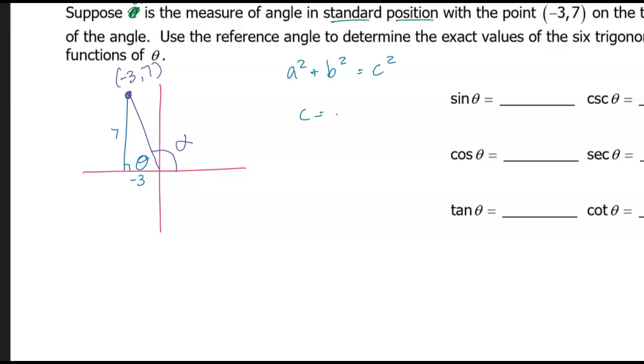The C length, which we get by doing -3 squared plus 7 squared square rooted, which gives us 9 plus 49, which gives us 58, which actually cannot be simplified.